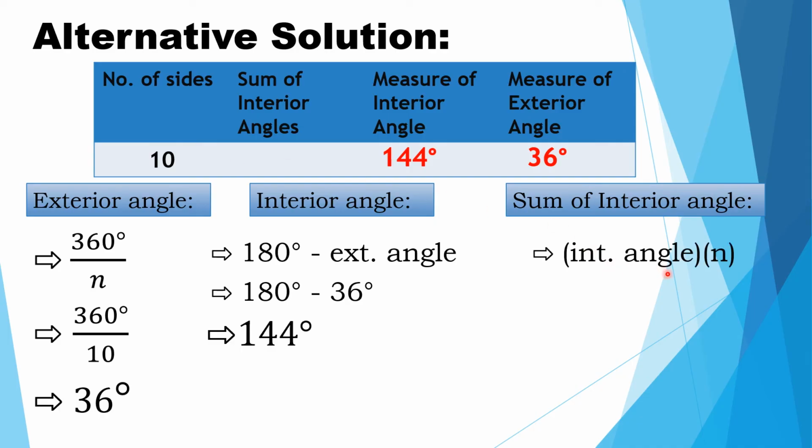Interior angle times the number of sides. 144 degrees times 10 is equal to 1,440 degrees. So the sum of the interior angles is equal to 1,440 degrees.